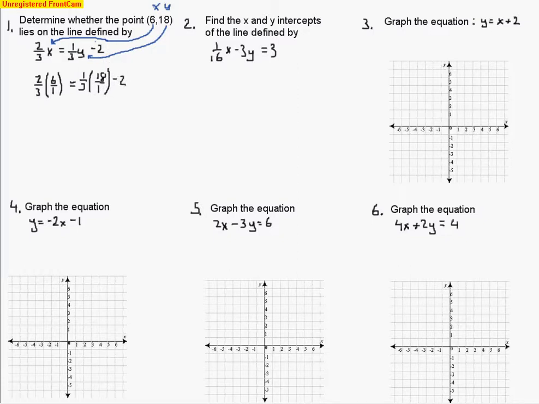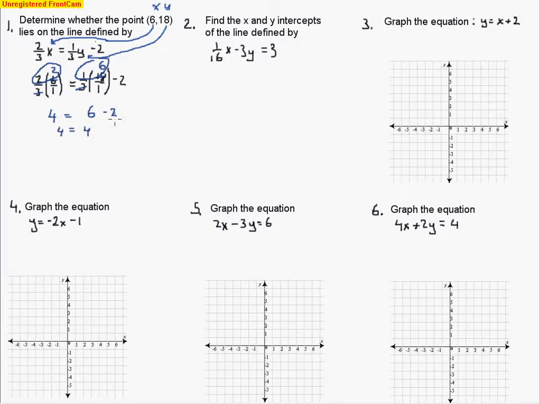We cross-cancel here: 3 goes into 6 2 times, I multiply across, and I get 4. On the other side, 3 goes into 18 6 times, I multiply across, and I get 6. I bring down the minus 2 and do that subtraction last. So it's 4 equals 4.